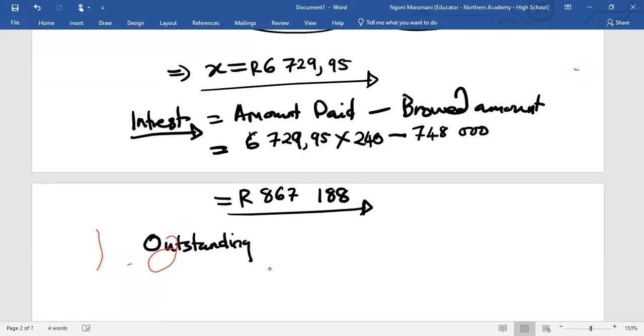Which formula do we use? We are stuck. The present value formula. We use the present value formula again.